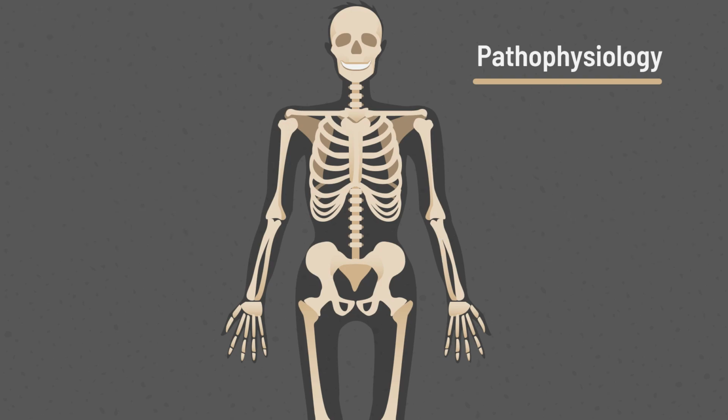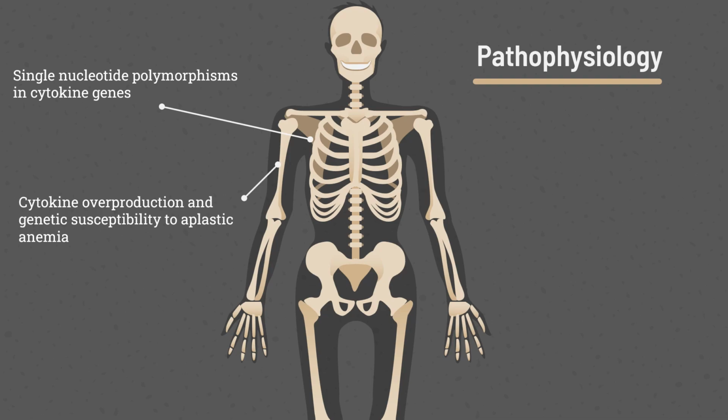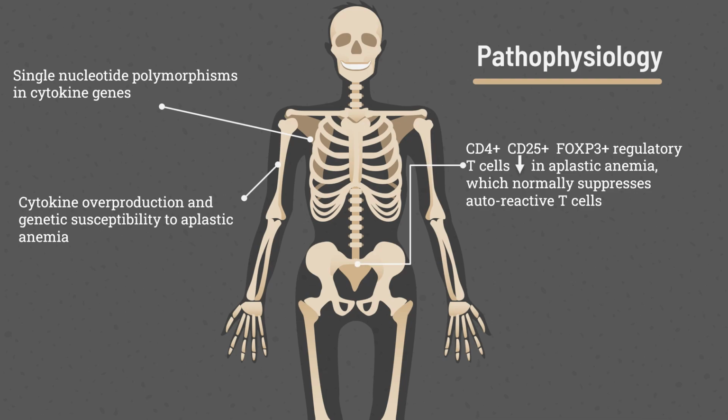Some individuals with aplastic anemia have single nucleotide polymorphisms in cytokine genes, resulting in cytokine overproduction and genetic susceptibility to aplastic anemia and contributing to its severity. CD4, CD25, and FOXP3 regulatory T cells are decreased in aplastic anemia, which normally suppresses autoreactive T cells, and a deficit of these cells may facilitate an autoimmune reaction.